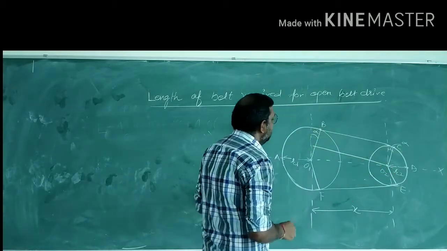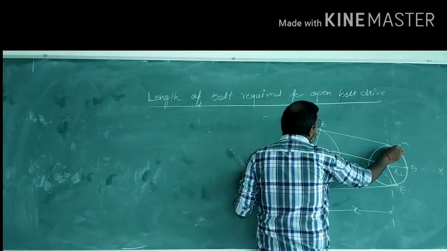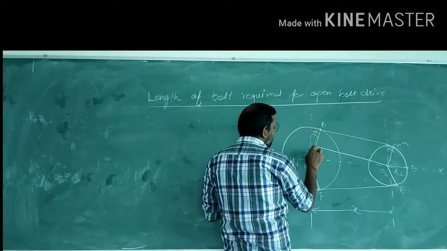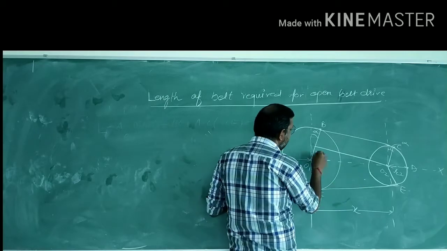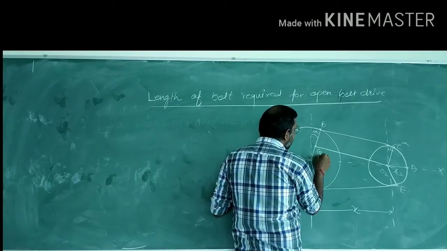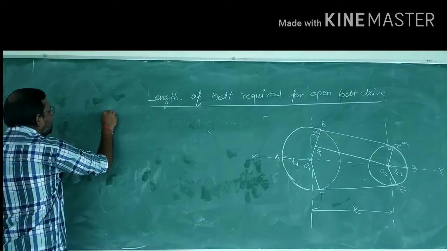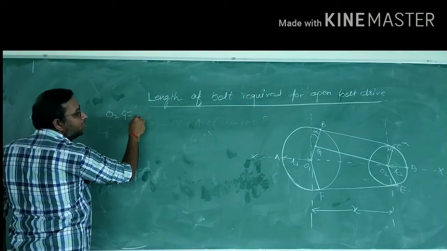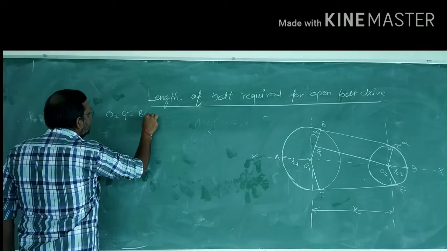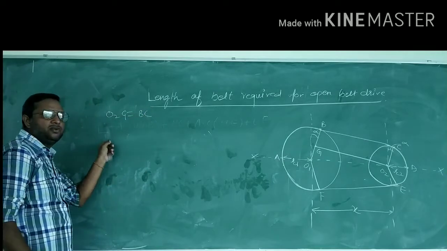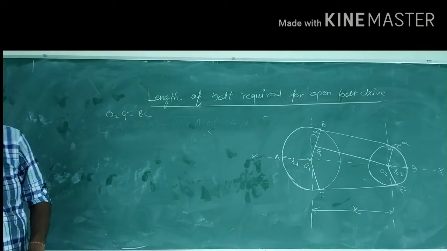This part is O2C. Let us consider this point as G. So O2G would be equal to BC. Instead of BC, we will try to find O2G. Okay, great.